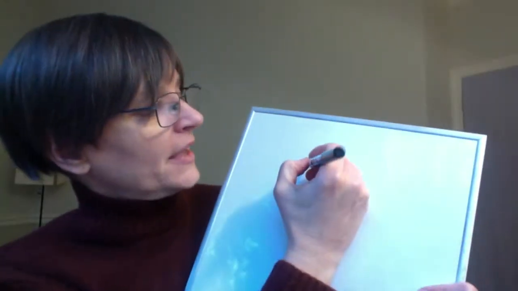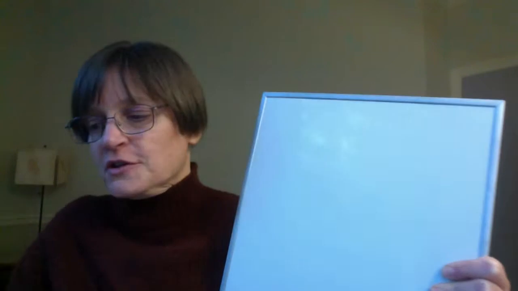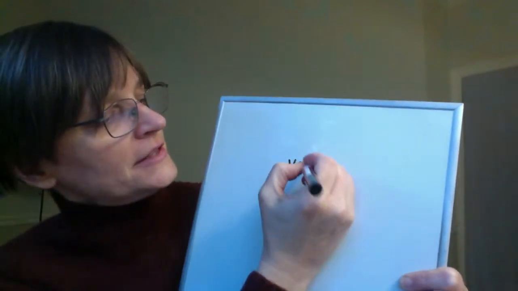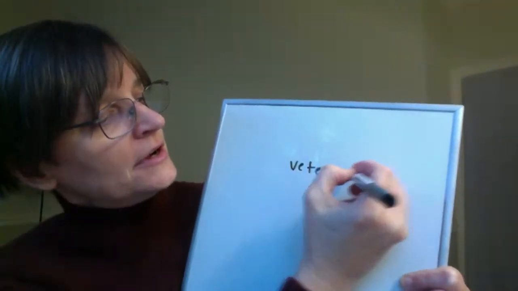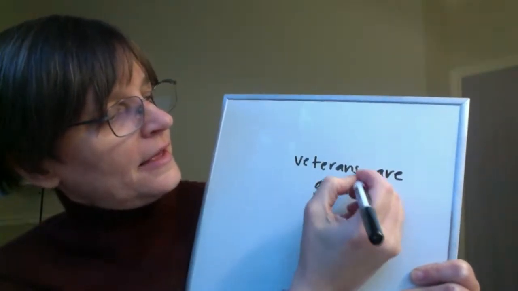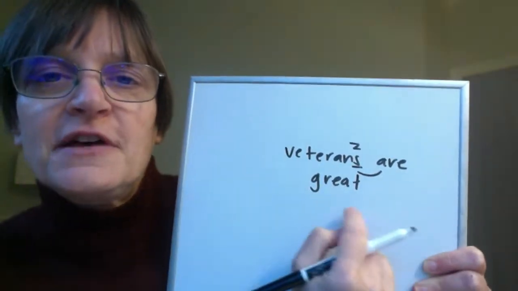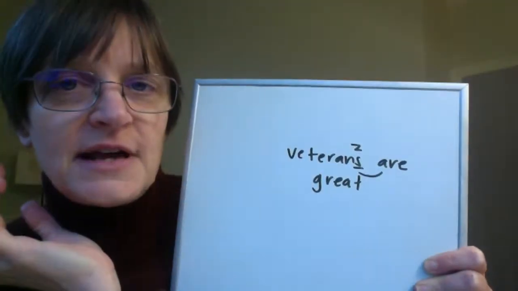Where it comes up is when I'm linking to the next word, I need to make sure that I use the voiced Z sound. For example, if I'm saying the plural, veterans are great, here is where I definitely need to have the Z because I'm going to be linking to R. If I say veterans are with an S, it sounds noticeable.